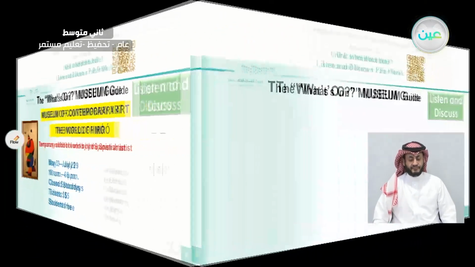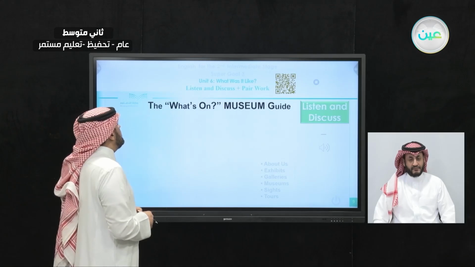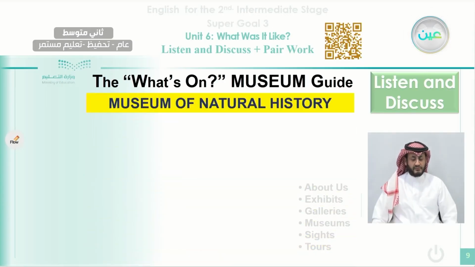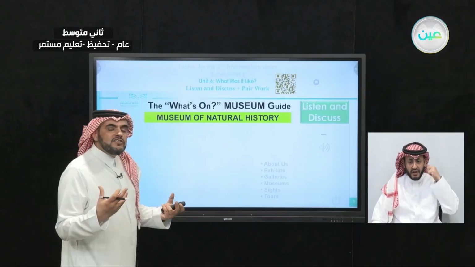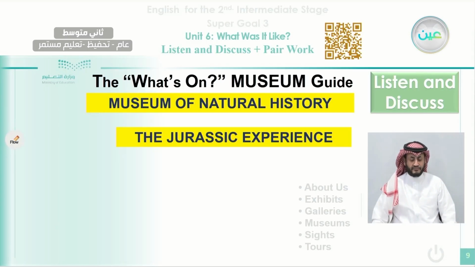Okay. Now we move to the second museum, under the title here, the What's On Museum Guide. Here the museum is called Museum of Natural History. What do you mean by natural history? You will learn more details about it. The Jurassic Experience. What do you mean by Jurassic experience?